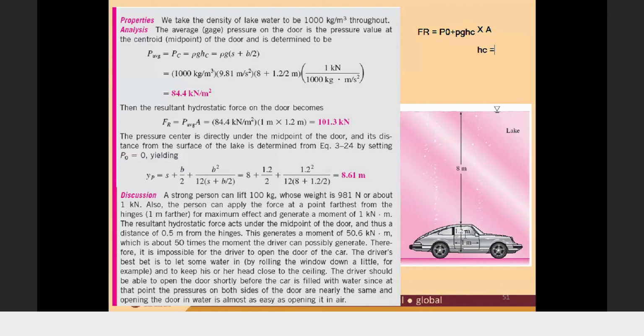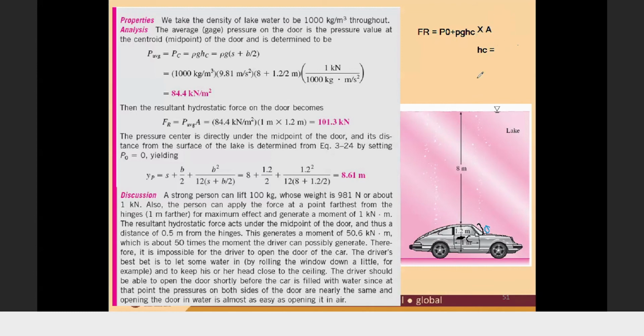So that is the centroid, and the height of centroid is 8.6.